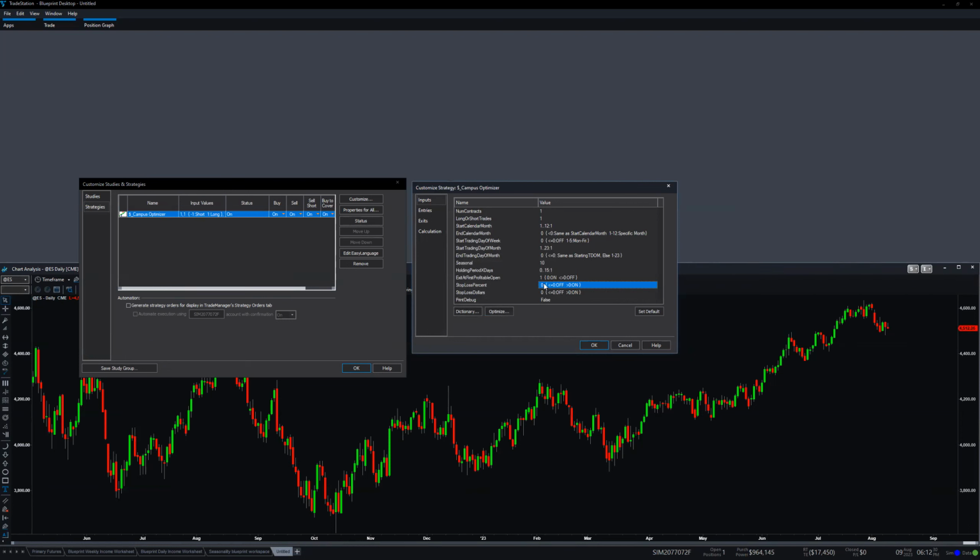Stop loss percent, remember, that's only applicable to stocks. And then stop loss dollars: I don't know what the optimal stop loss should be, so I can optimize here as well, which is going to be anything from 1,000 to maybe 3,000. I could put 500 to 3,500 or whatever it may be, whatever you think would be an optimal stop loss.